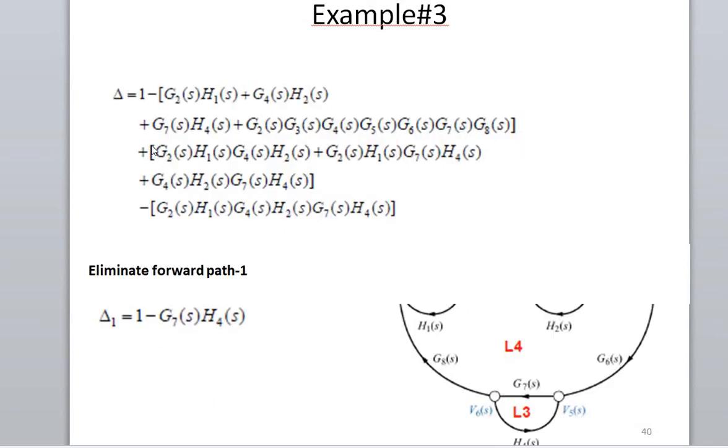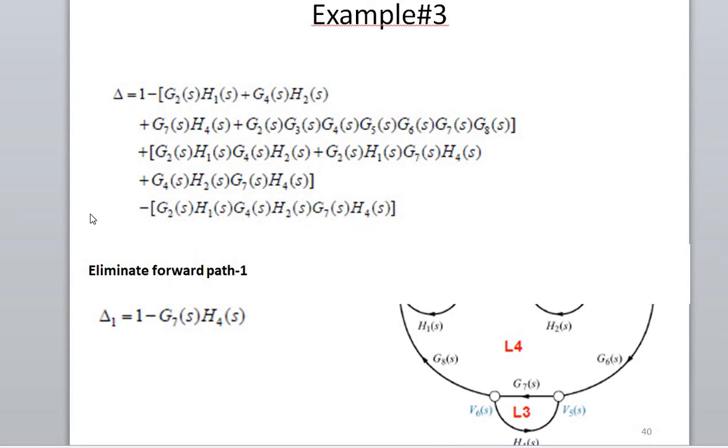Then the next term is, minus, inside the bracket, all possible combinations of 3 non-touching loops, that is shown here. The 3 non-touching loops, that is L1 L2 L3, is shown here.